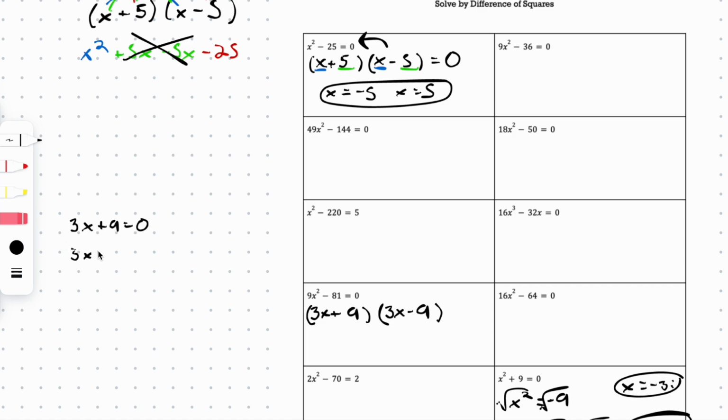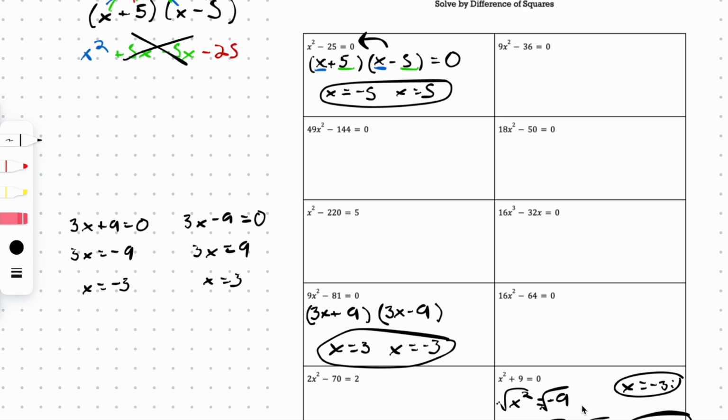We move the 9 over, divide by 3, we get x equals -3. We do 3x minus 9 equals 0. Move the 9 over, divide by 3, we get +3. So we have x equals 3 and x equals -3.